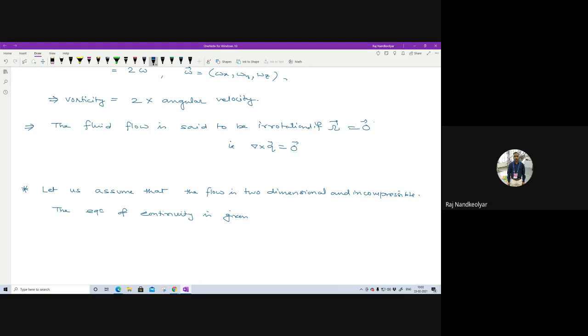What is the continuity equation? Tell me. MSc students, tell me, what is the continuity equation for a two-dimensional incompressible flow?